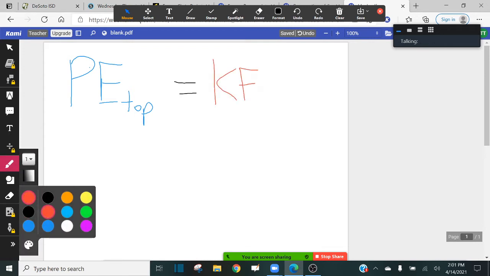If I were you, I would write this down, because this is the most important principle you will be utilizing whenever you work on your assignment later on. The object's potential energy at the top of its path is equal to the object's kinetic energy at the bottom of its path.